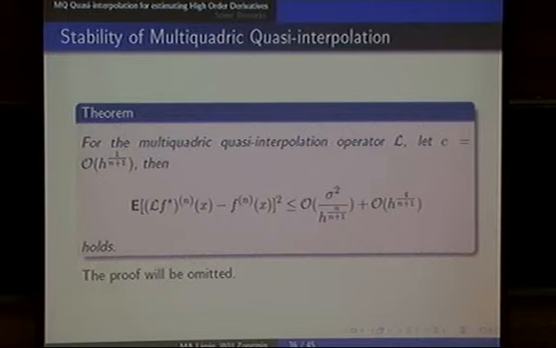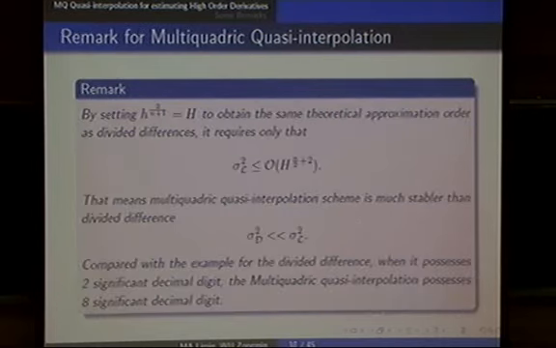Okay, then we use the MQ quasi-interpolation to estimate the derivatives. We can get this formula. And then we require the random error to be smaller than big O of h. Here for the divided difference it is 2n, and now it is n over 2.